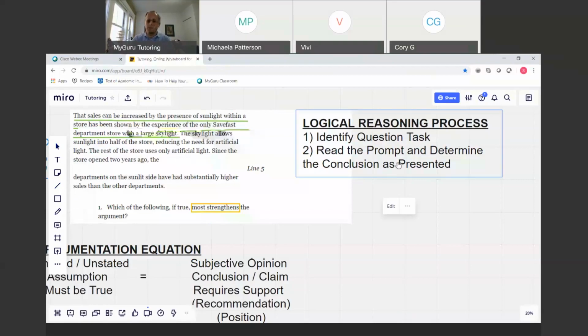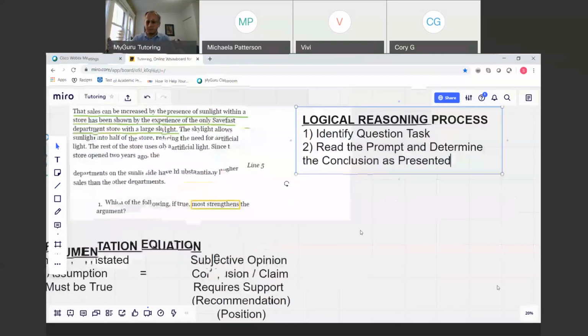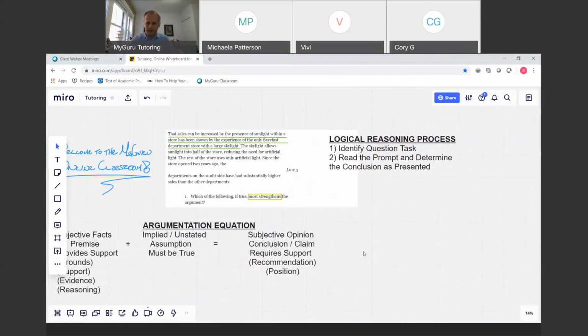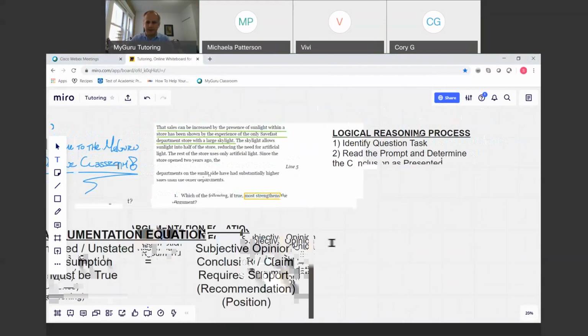Now, when you're considering your conclusion here, we can add another text box down here.